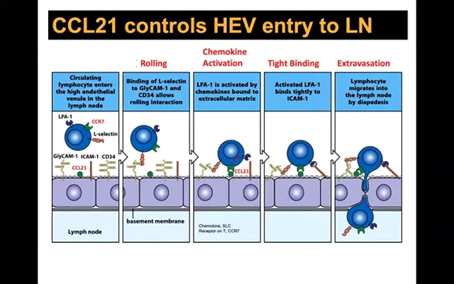LFA1 then is going to bind very strongly to the ICAM1, allowing that cell to say, stop, this is where I'm getting off the freeway. And then because there's lots of CCL21, it's essentially going to follow that path to the highest concentration of CCL21.